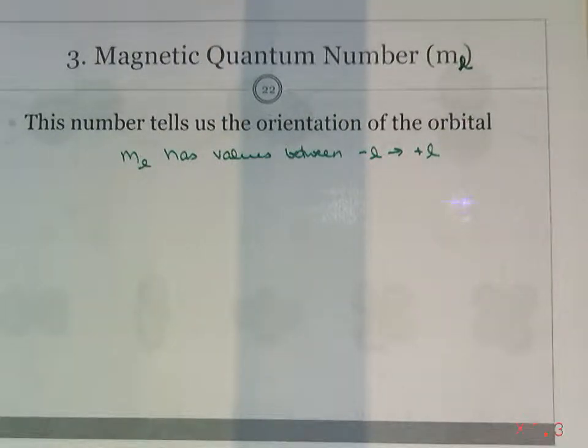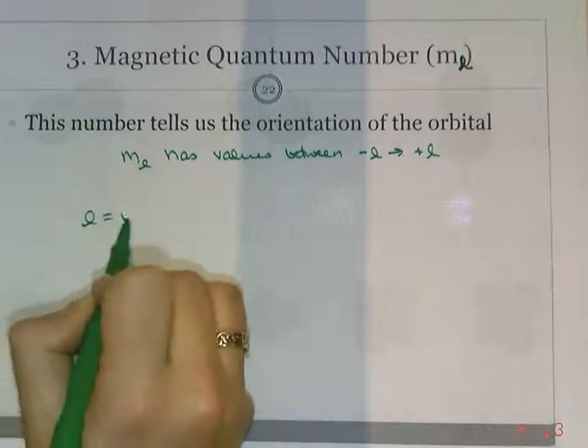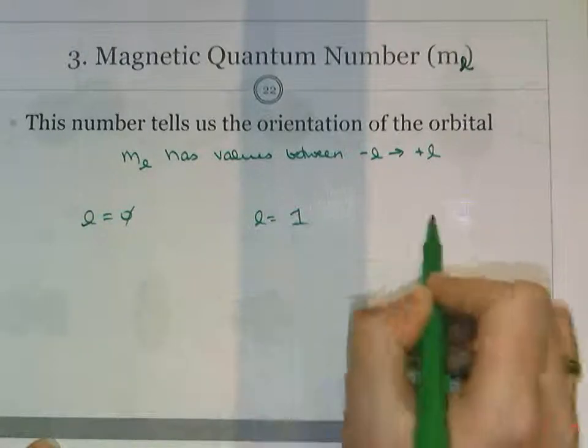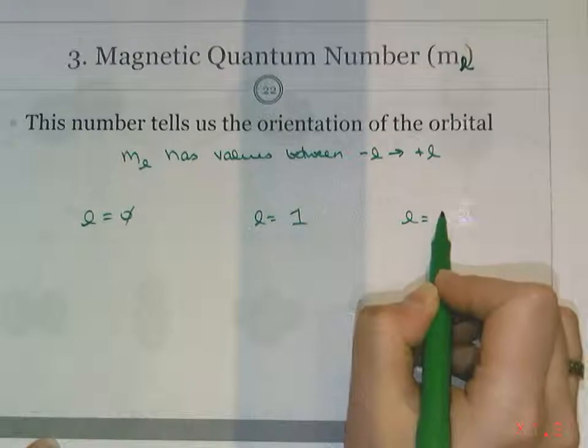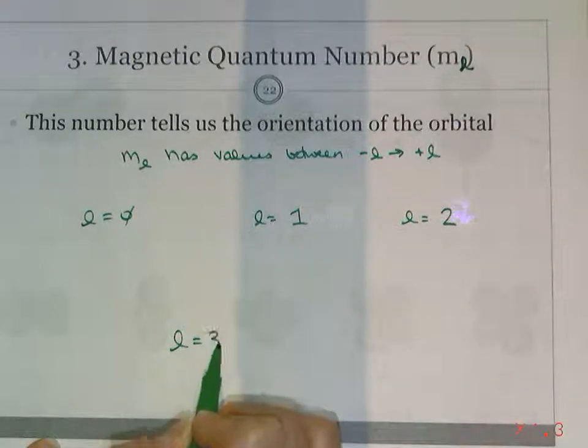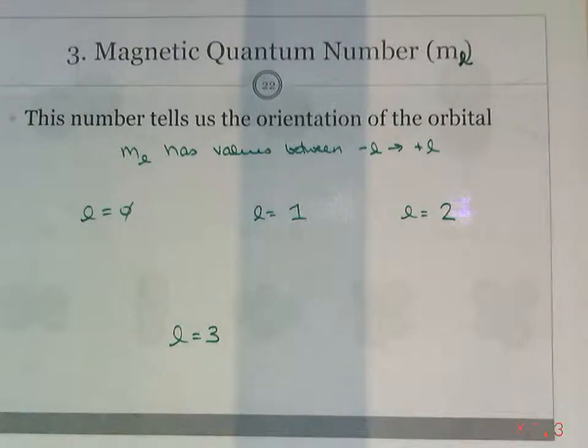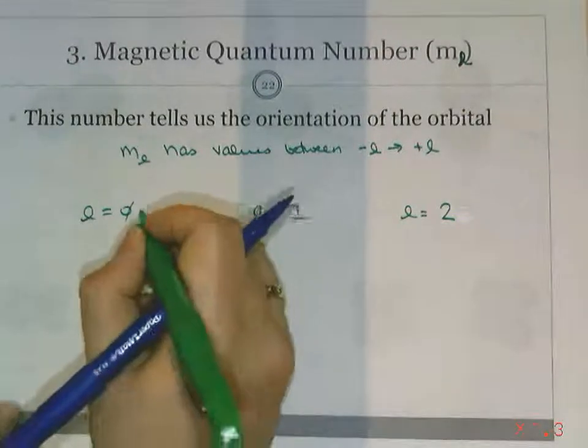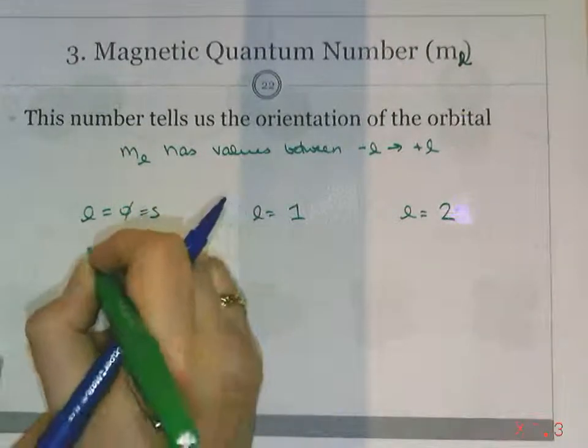Look at some examples. Okay, three options. M will be between negative L and positive L.